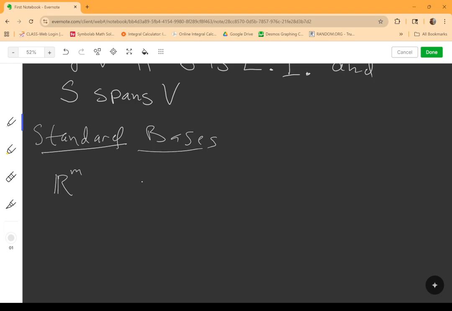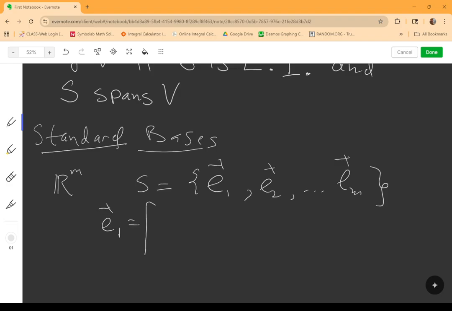Here, the standard basis for Euclidean m-space is these vectors e1, e2, all the way to e_m. e1 is the vector with 1 in the first position and 0 everywhere else.